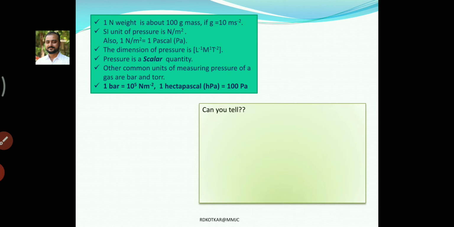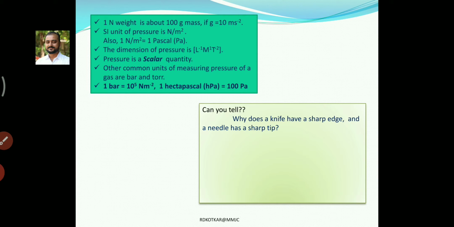Now the question from your book: can you tell why a knife has a sharp edge and a needle has a sharp tip? Everyone observes that if your knife does not have a sharp edge, then it cannot cut vegetables or fruits easily.